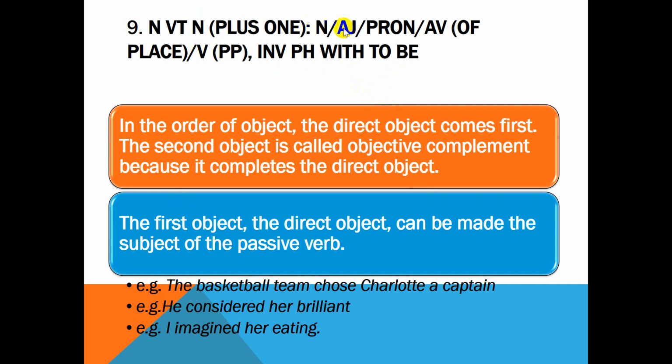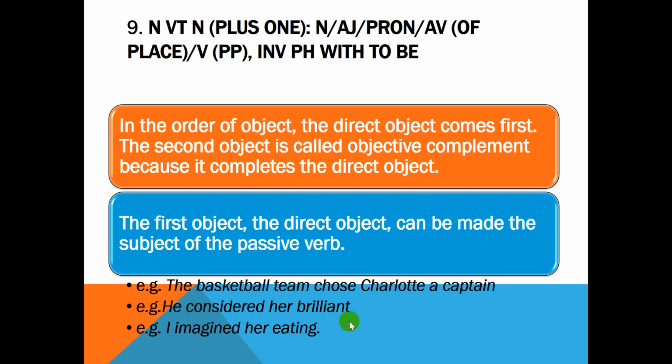The complement is information for the object. That's why we call it object complement. For example, the basketball team chose Charlotte a captain. Who becomes the captain? Charlotte. So captain is information about Charlotte. That's why we call it object complement. Charlotte is the direct object, and the basketball team is the subject.